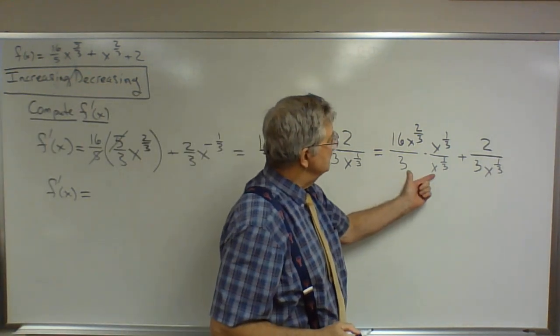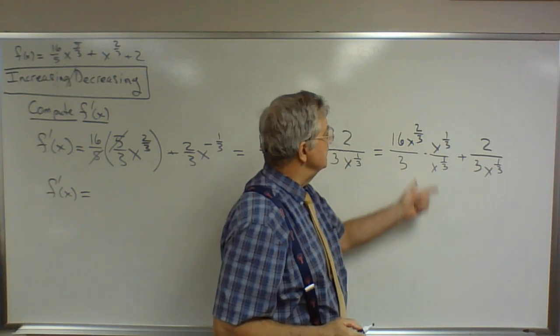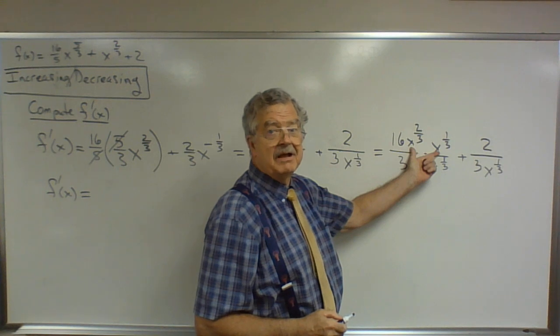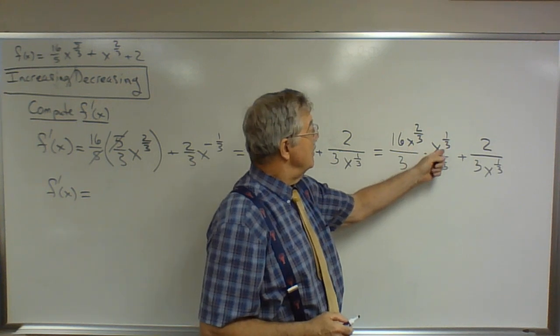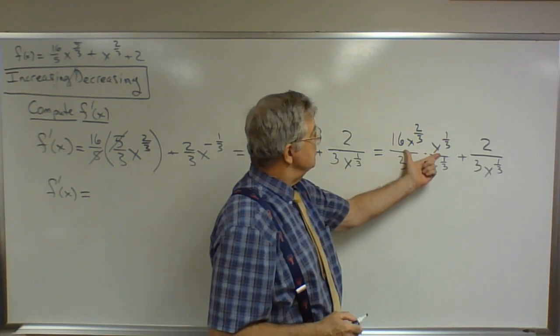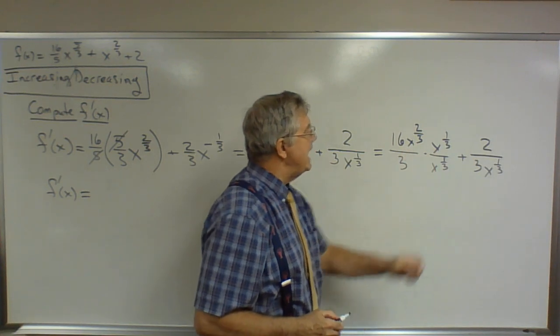We got 3x to the 1/3 in both denominators. These two things multiply together, and when they do, the exponents add. 1/3 plus 2/3 is just 1. So these multiply together to give us 16x.